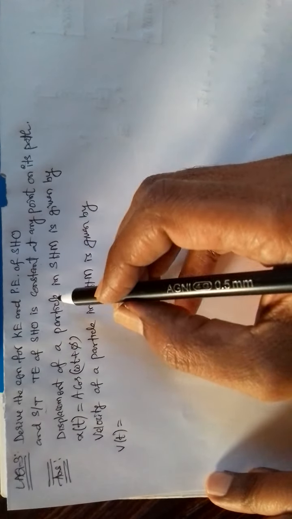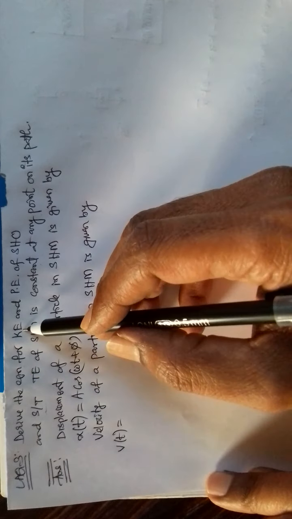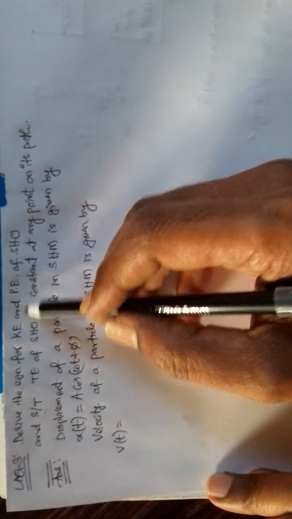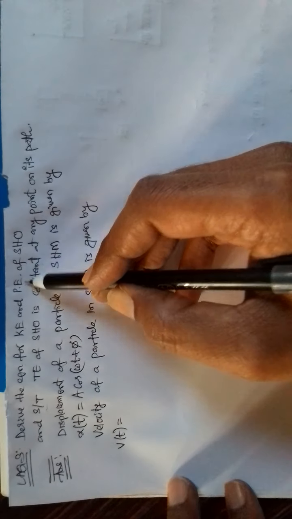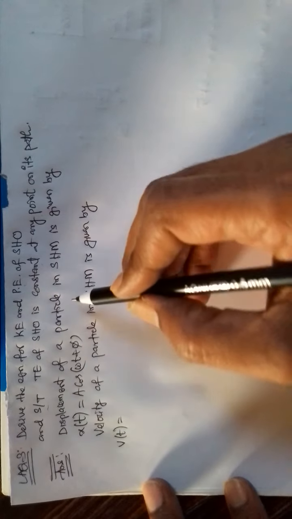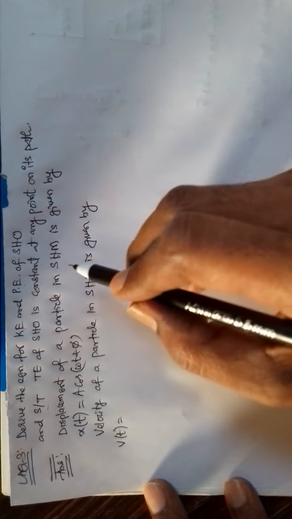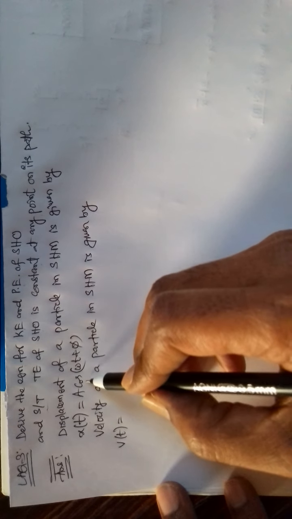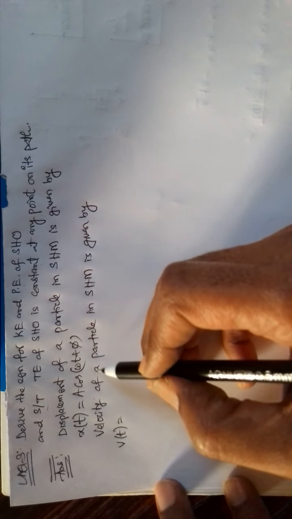So first we have to find expressions for kinetic energy and potential energy of a simple harmonic oscillator. Displacement of a particle in simple harmonic motion is given by x is equal to a cos(omega t plus pi). And by differentiating this expression, we get velocity.